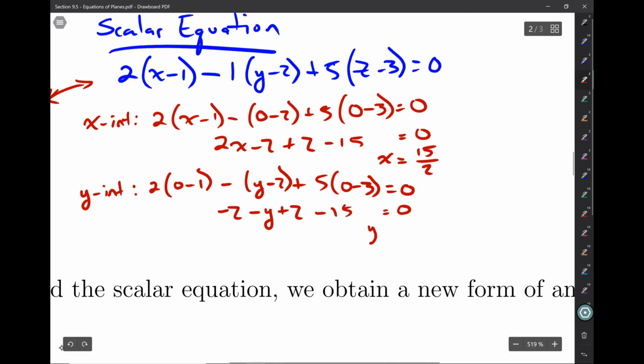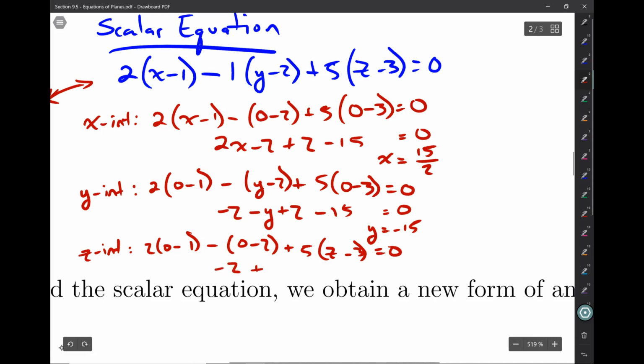So y is negative 15. Lastly, a z-intercept. This is found when x is 0, when y is 0, and when z is arbitrary. Multiplying this out, we get negative 2 plus 2 plus 5z minus 15 equals 0, or rather, when z is equal to 3.